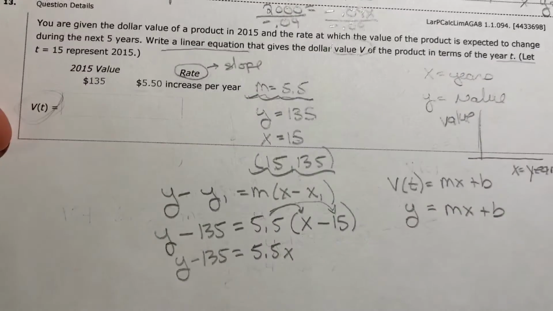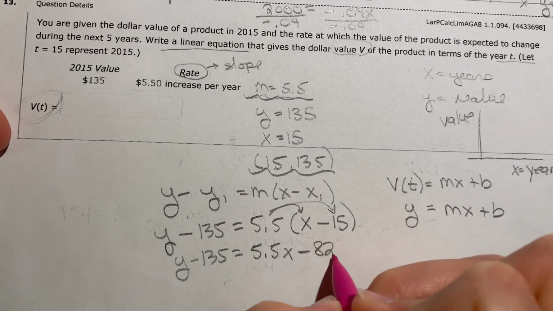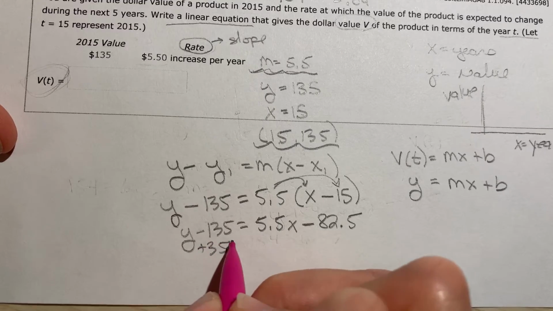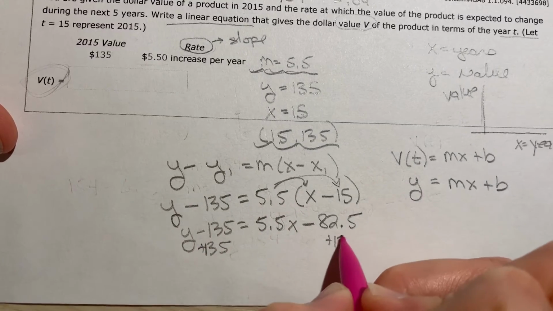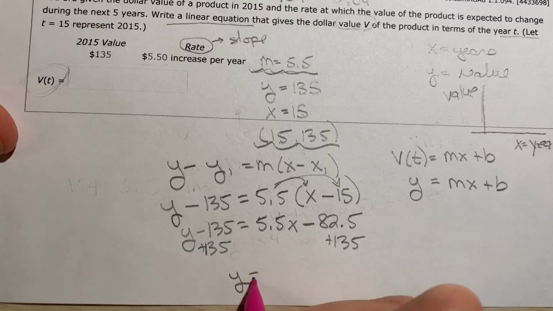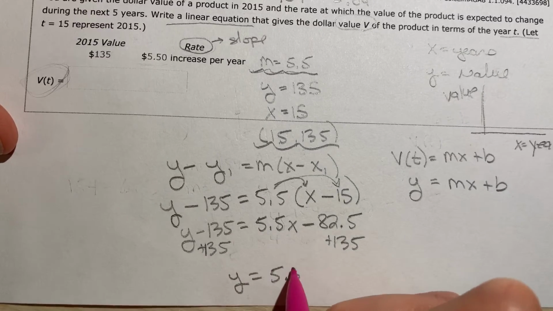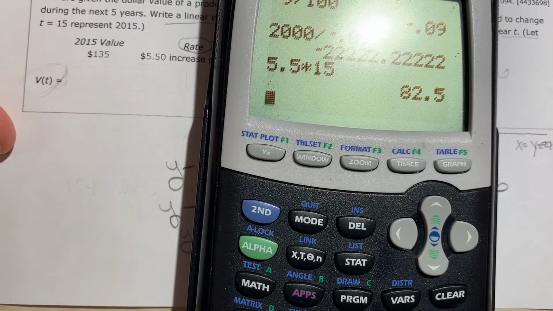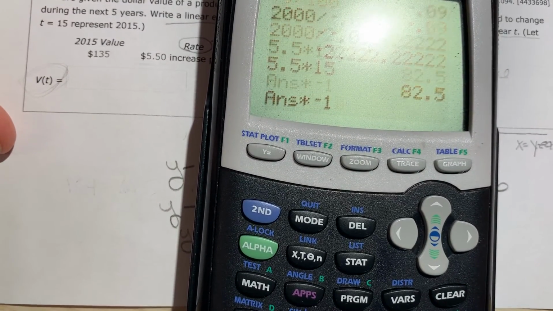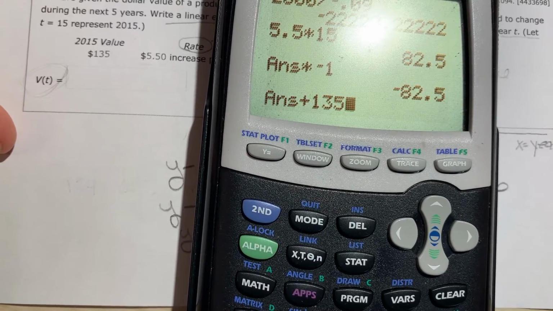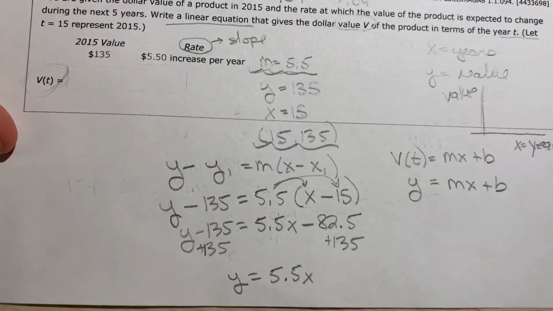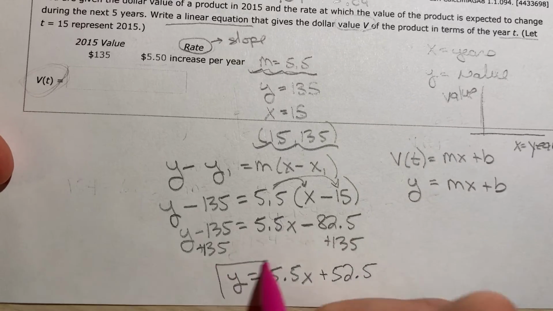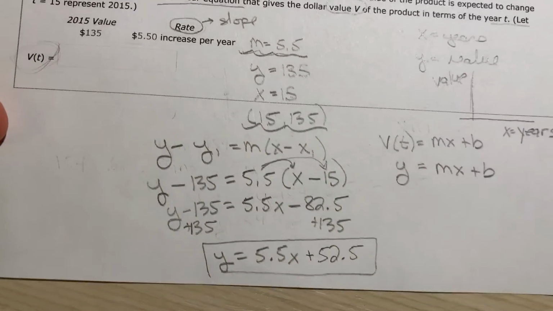That's 82.5 minus, and then add 135 to both sides. So I get y equals 5.5x. I'm just going to take that, times that by -1, and add 135, 52.5. So that is my equation.